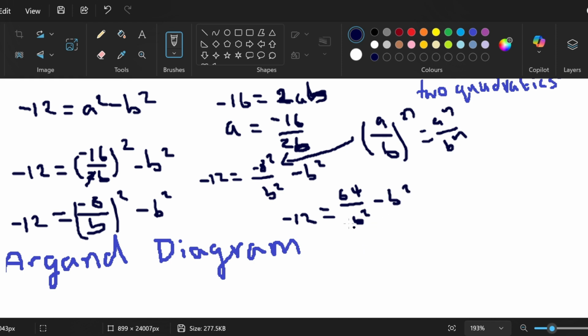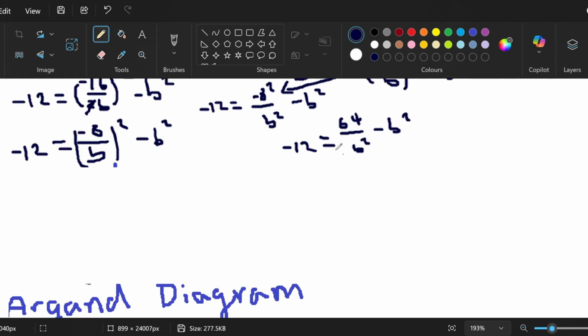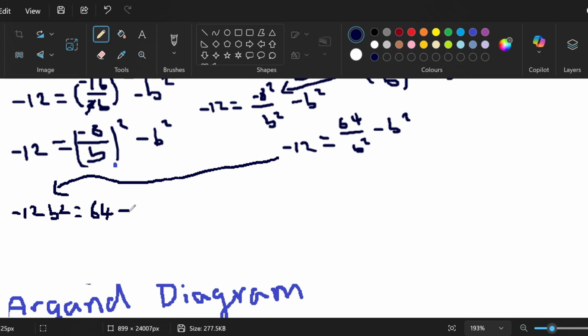And I don't want to deal with this fraction anymore, so I'm going to multiply everything in my equation by b squared. So what I get next when I multiply everything here by b squared is I get minus 12 times b squared. And remember, we're working out this equation here. So I get minus 12 times b squared is equal to 64 divided by b squared times b squared is going to be 64 minus b squared times b squared, b to the power of 4.